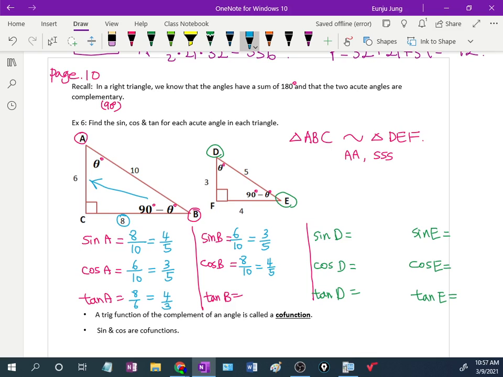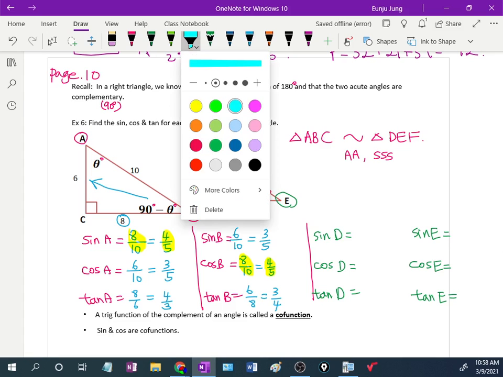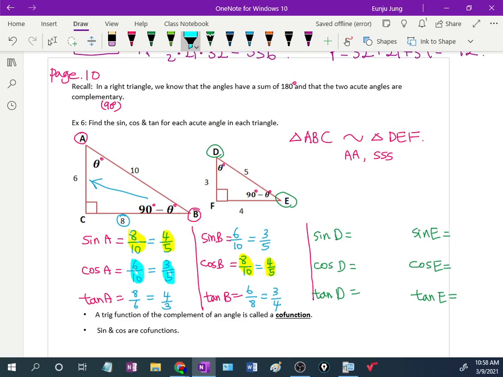Tangent B, first number 6 over 8, which is 3/4. So by looking at this, you can see these are the same numbers from a different angle. Switch sine and cosine, then these are the same numbers for different trig ratios. So when sine and cosine are swapped and angles are swapped, we have the same numbers.